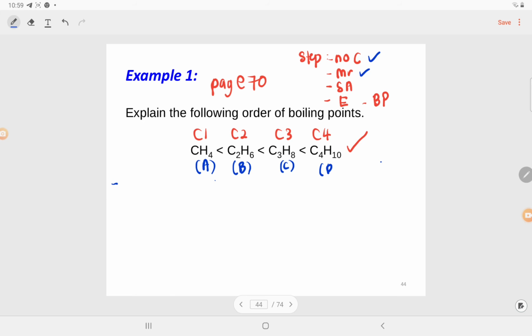Next, after you discuss the concept of molecular size, you must discuss the surface area and its relationship to boiling point, which is energy.